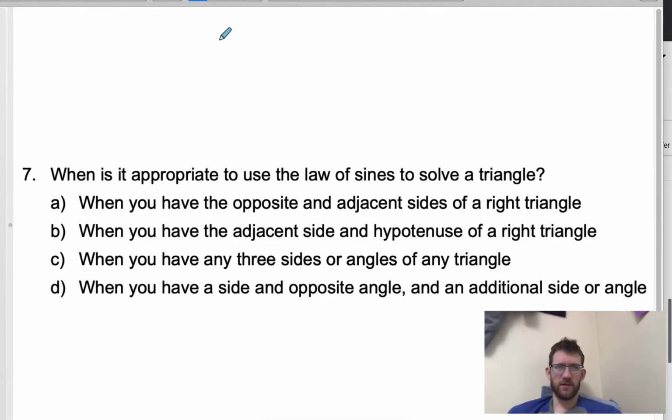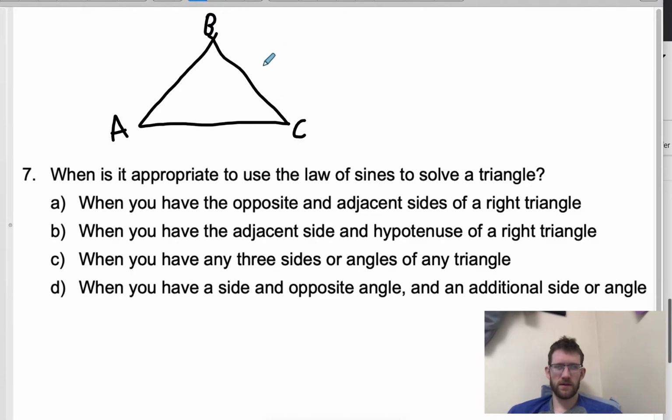So recall, when we have a triangle, I'm going to call it ABC, this is little a, this is little b, this is little c, the law of sines means that the ratio between the sine of any angle and the opposite side is the same.